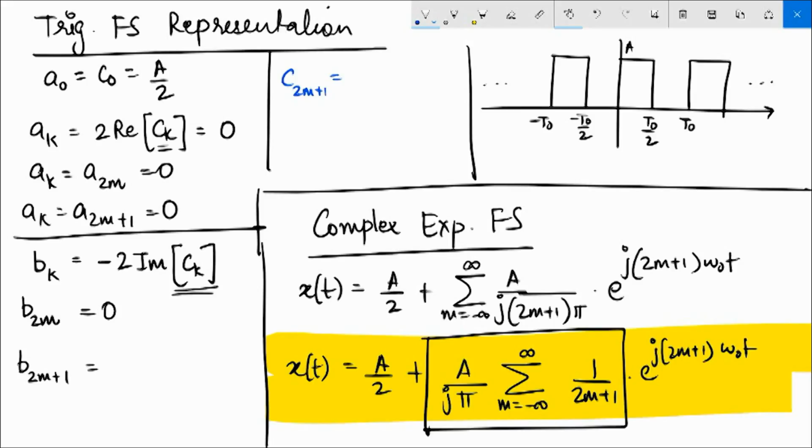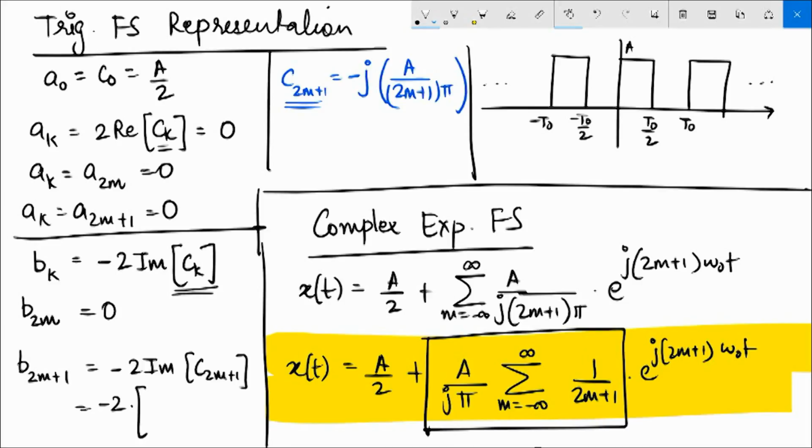So if I bring j to the numerator, this becomes minus j a upon 2m plus 1 pi. bk is equal to minus 2 into minus a upon 2m plus 1 pi, so basically 2a upon 2m plus 1 pi.